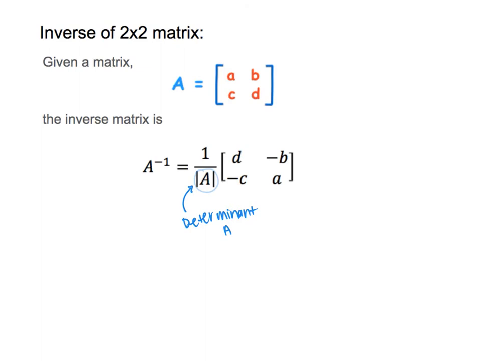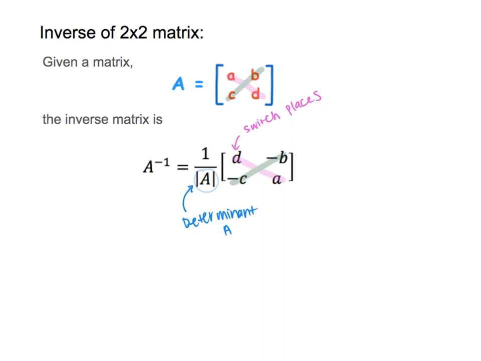The only thing is that A and D are like A and D here, but they're switched. So the first diagonal gets switched places.